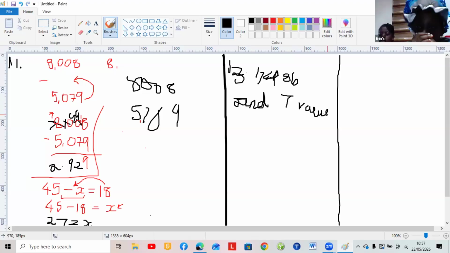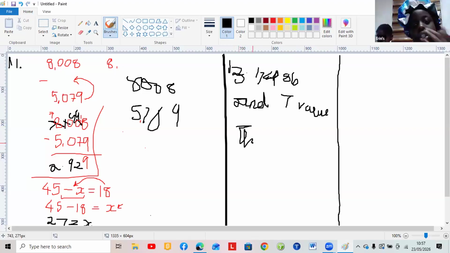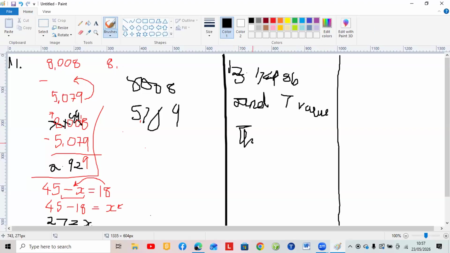What is the value of 7 in 17,486? It is 7,000. All right, write it in your book. That one is easy, easy peasy.